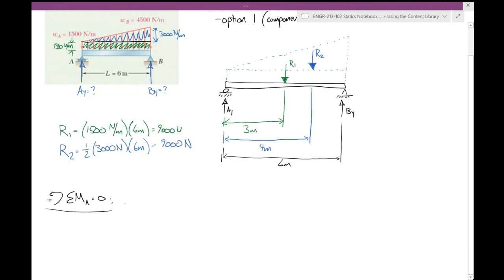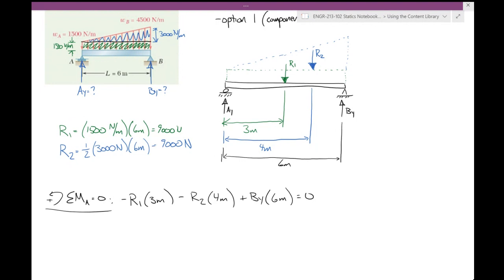Well, we've got R1 times a moment arm of 3 meters, and that moment is negative because it's generating clockwise moment at A. We've got R2 times 4 meters, and that moment is negative because it's generating clockwise moment. But then we have BY times 6 meters. That's all there is to it.